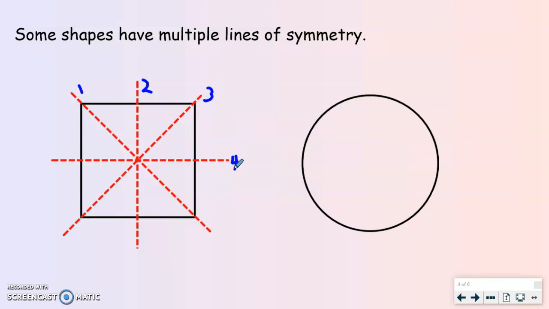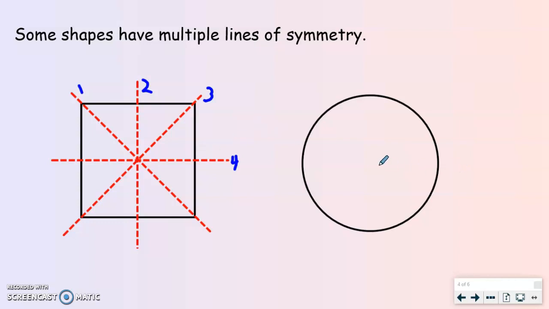And four, if I folded it in half the other way, hamburger style or hot dog style, I always get them confused. No matter which of these lines I folded on, all those sides would match. They'd be identical, same size, same shape. So a square has four lines of symmetry.